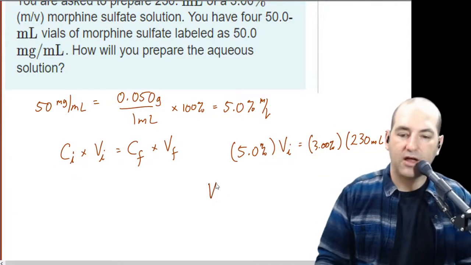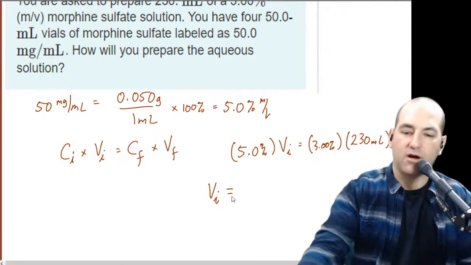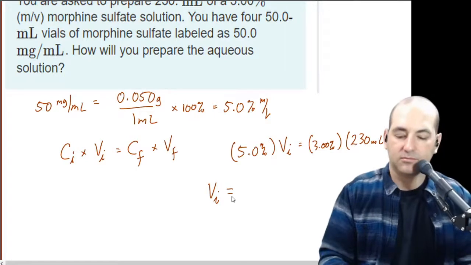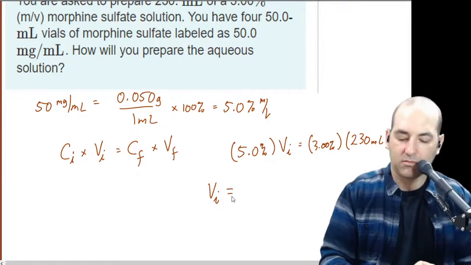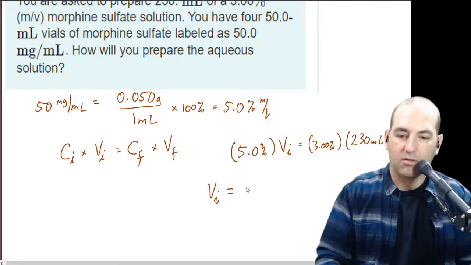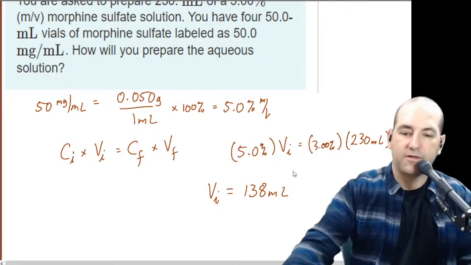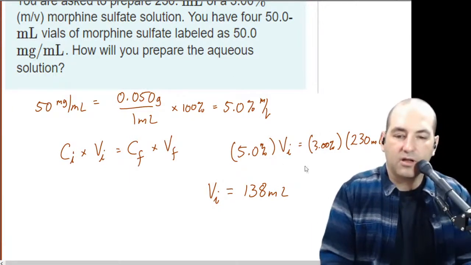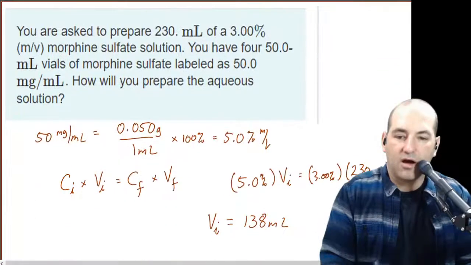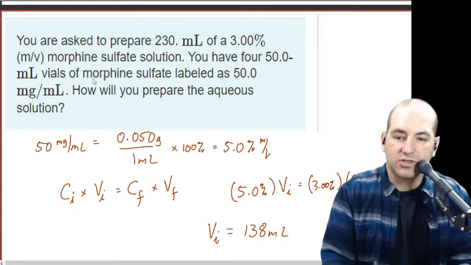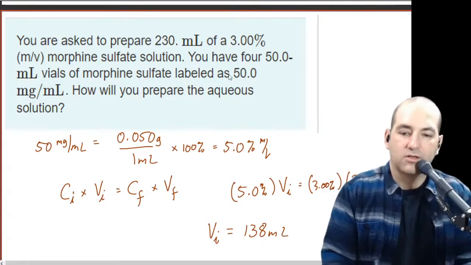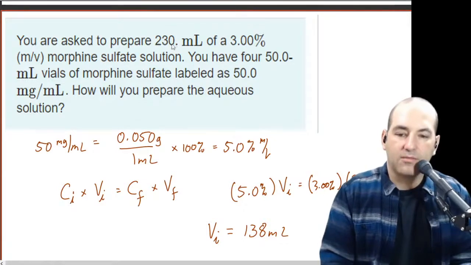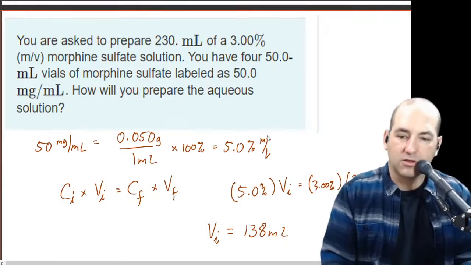All right, so we do a little algebra and we solve for our initial volume. 138 milliliters. So that tells us that we need 138 milliliters of our more concentrated initial solution to make 230 milliliters of a final diluted solution.